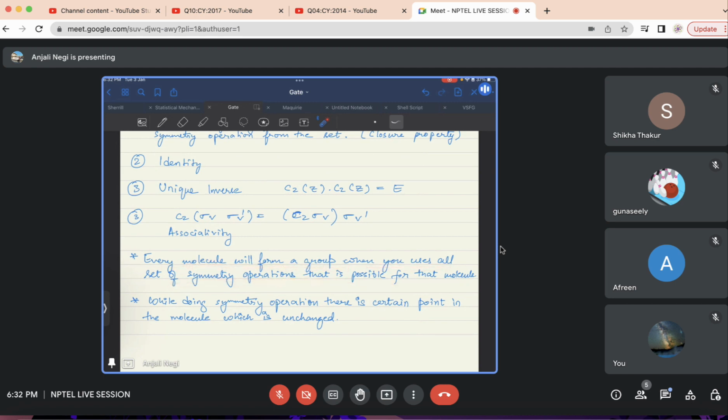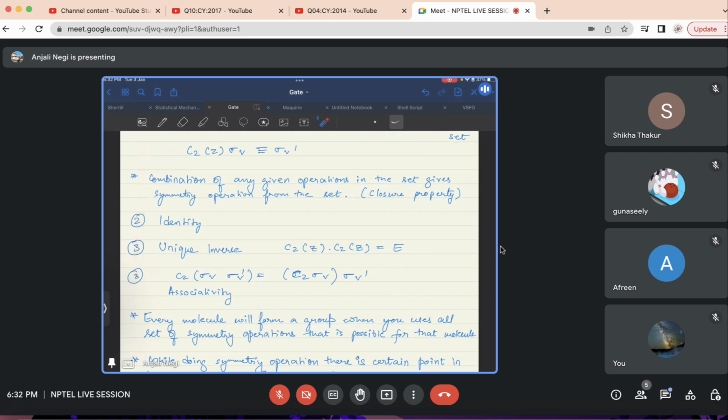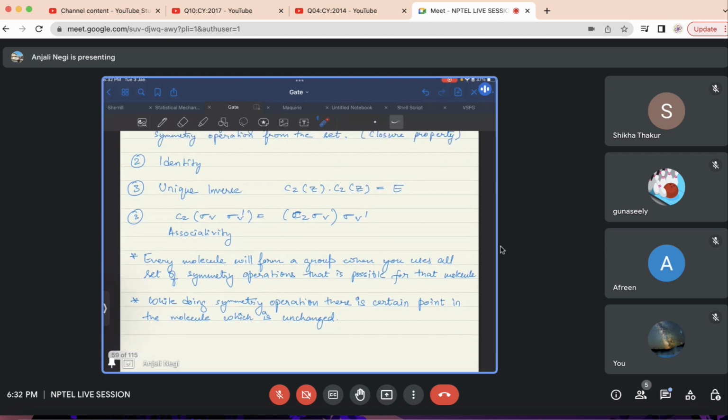So if you have any molecule in your hand and you want to ask whether it will belong to any point group or not, the answer is yes, it will definitely belong to one of the point groups, because if you write down the whole set of operations that are applicable for that molecule, then it will definitely follow all these 4 criteria, and that is why it will make a point group.